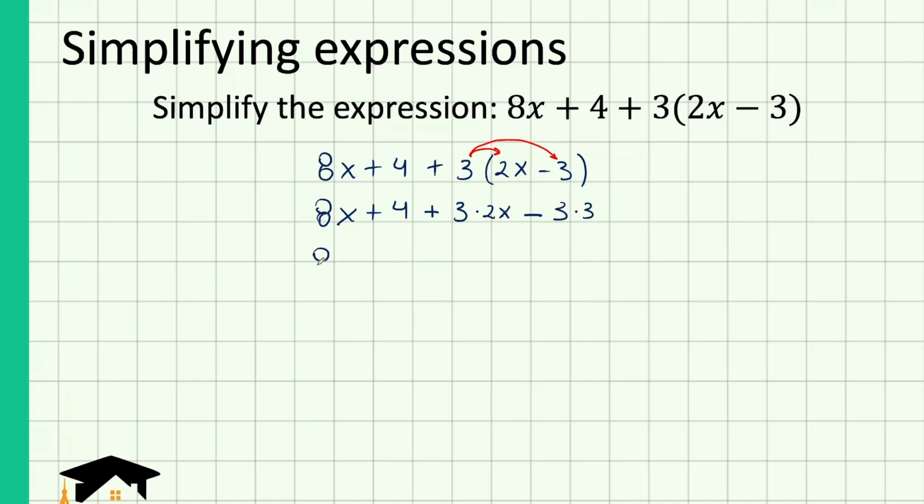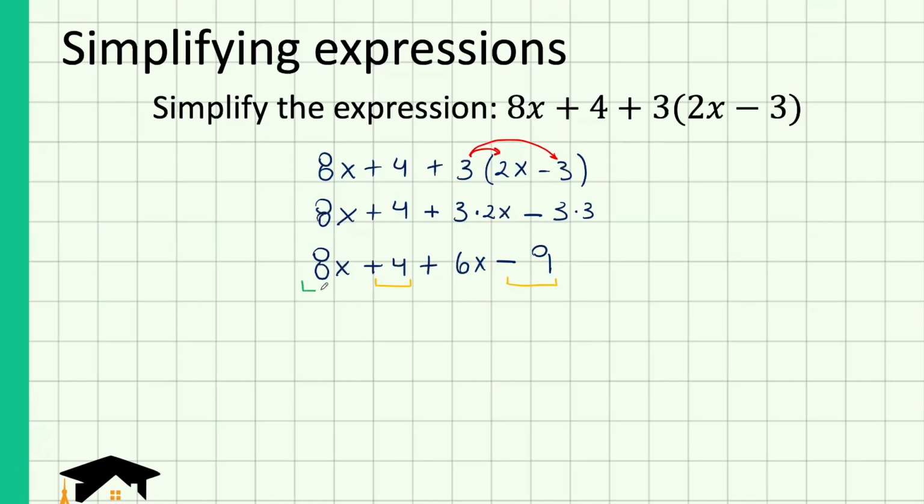So now we have 8x plus 4 plus, here we have a multiplication, 3 times 2 is 6, and then x, minus 3 times 3 is 9. So now we have to think which of these terms are like terms. Well, 4 and 9 are numbers, so we can operate between them.